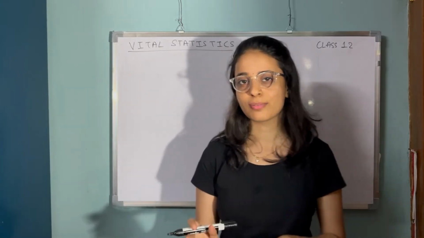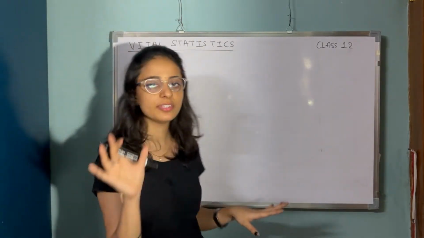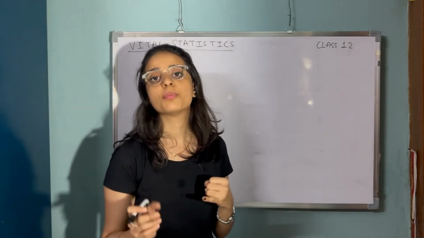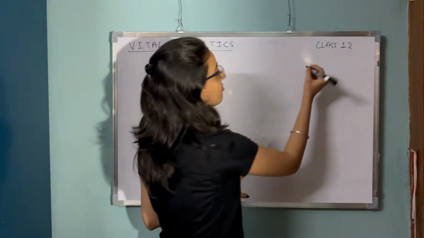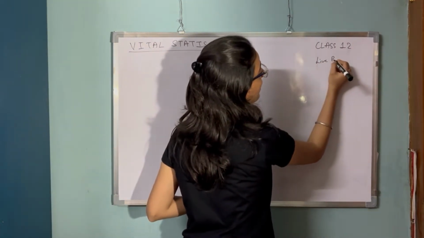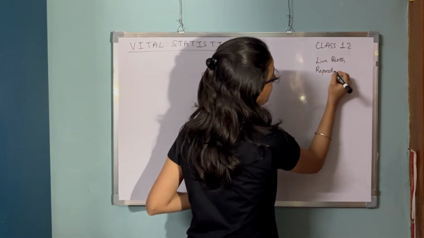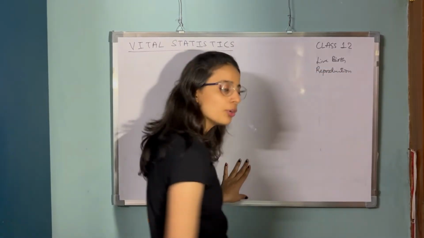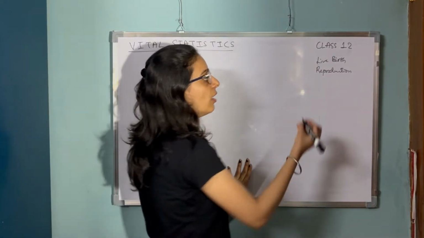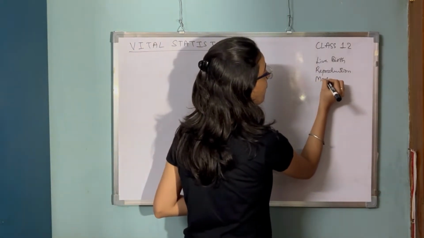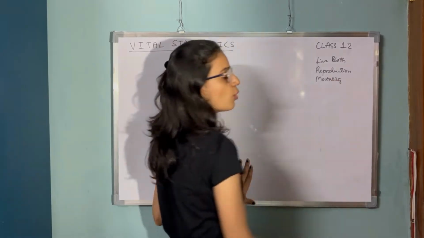So, as I just mentioned, we have looked into everything related to fertility, which means we looked into live birth, right? And then we took into consideration reproduction rate, where we studied about growth of population. Now, we will study about mortality. What is mortality?